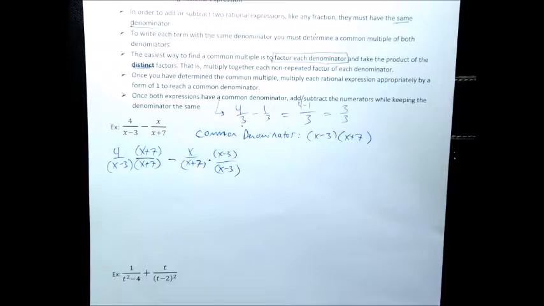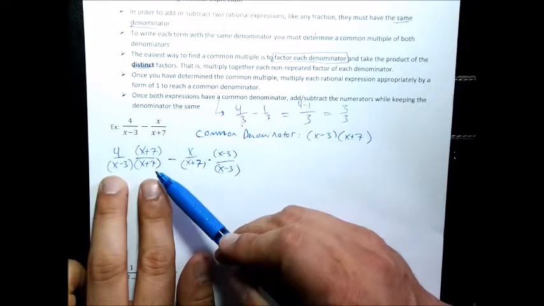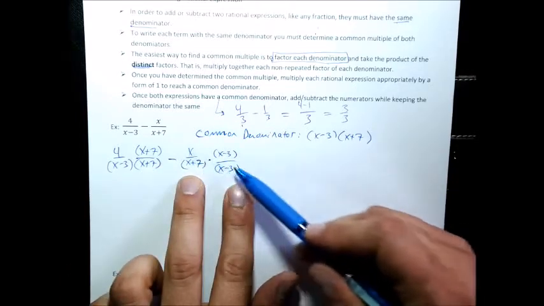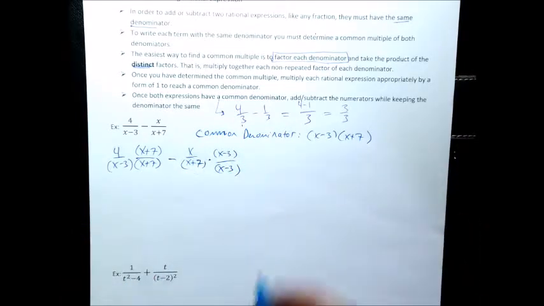Again, it's really important that you multiply by a form of 1, because this is x plus 7 divided by x plus 7 equals 1. And so this is not changing anything. You're just multiplying by 1. And same thing here. But you'll see that now they'll have the same denominator. They both have an x plus 7 and an x minus 3. And so that's good. And then we'll be able to add them, right?